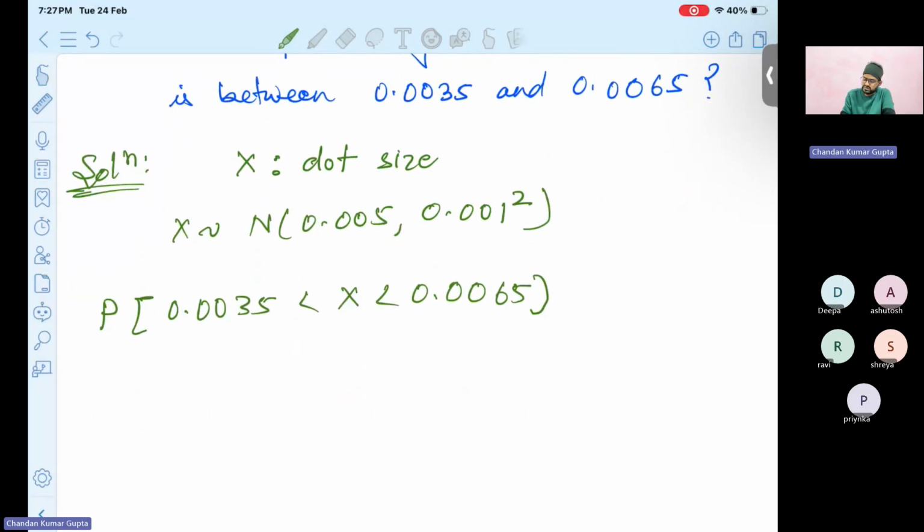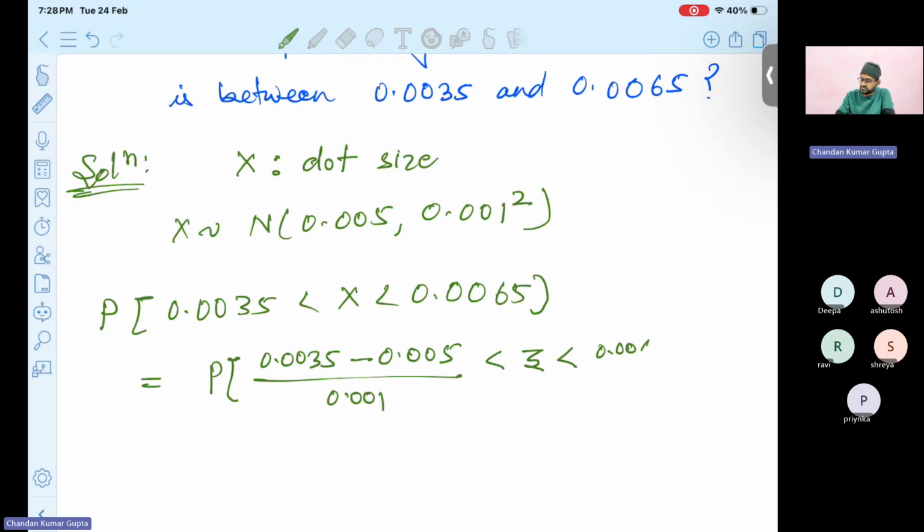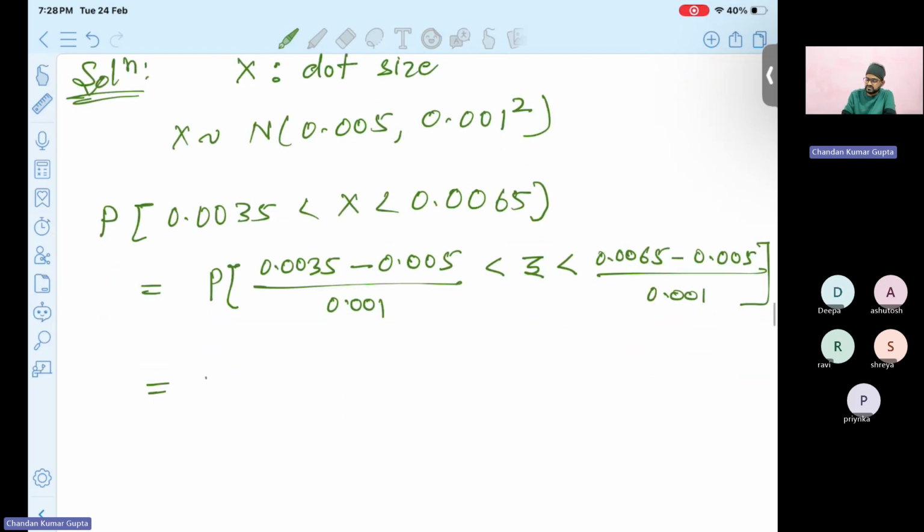So let's standardize. 0.0035 minus 0.005, the mean value, divided by 0.001, the standard deviation value. It's x minus mu upon sigma, which gives z. Similarly, 0.0065 minus 0.005 divided by 0.001.